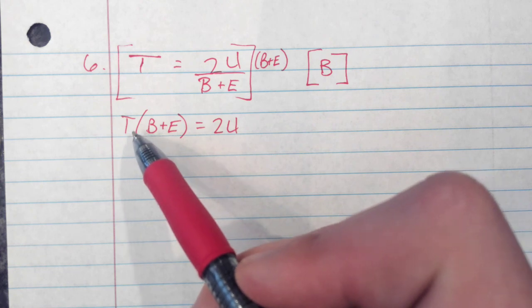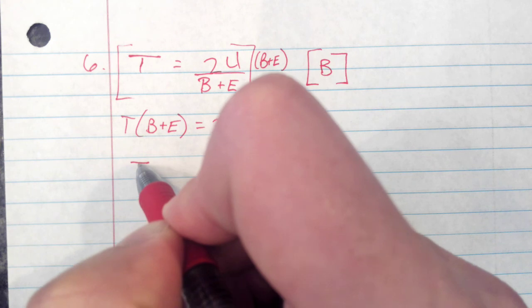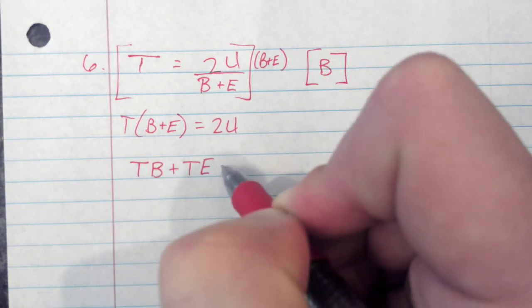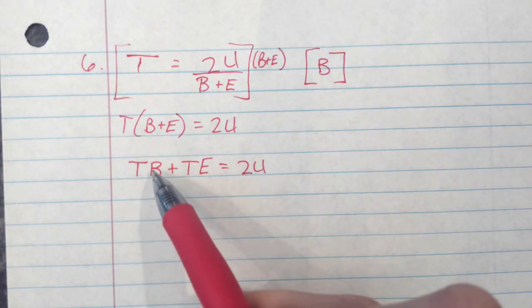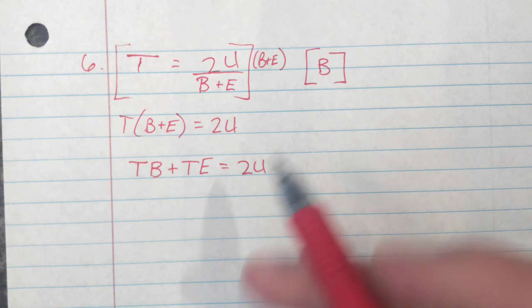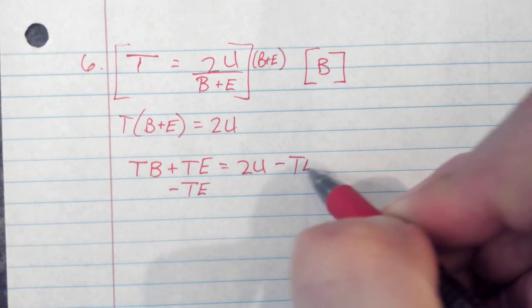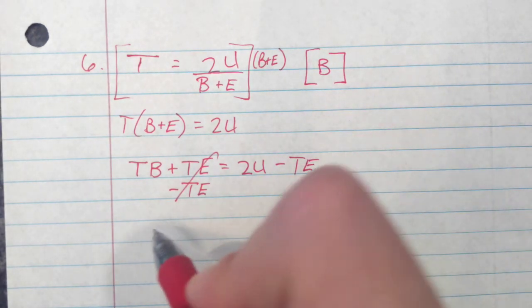Next, you might go ahead and distribute that t, giving me tb plus te equals 2u. If I'm solving for b, that means anything without a b needs to go to the other side of the equation, so I need to subtract te from both sides. Those don't really go together, so I'll just keep it as 2u minus te.